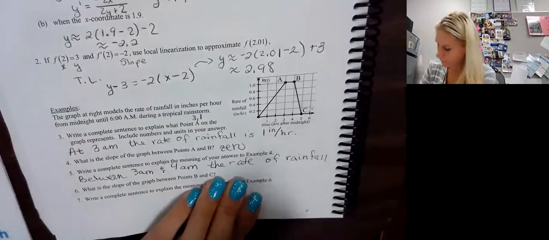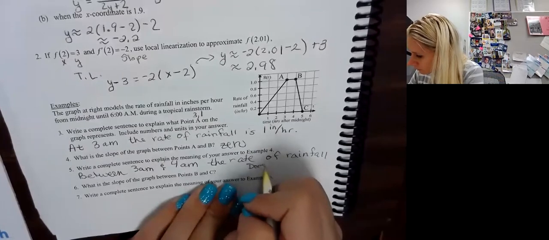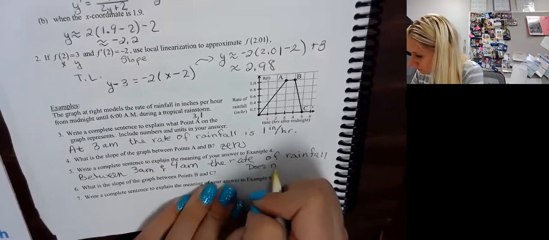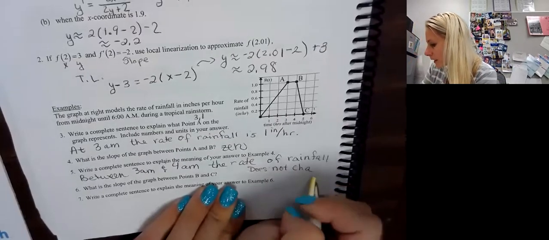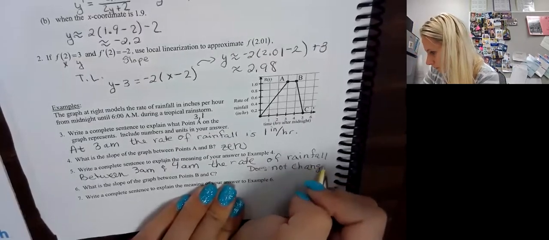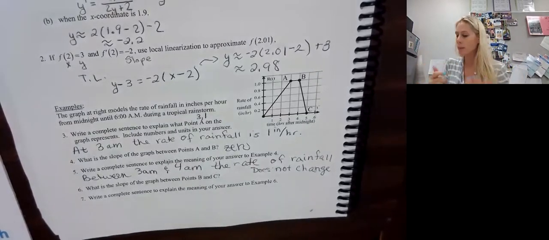Because that's what we're talking about, rate of rainfall, does not change. Or we could say that it's constant. Okay, we could say those two because we're describing what zero slope means.